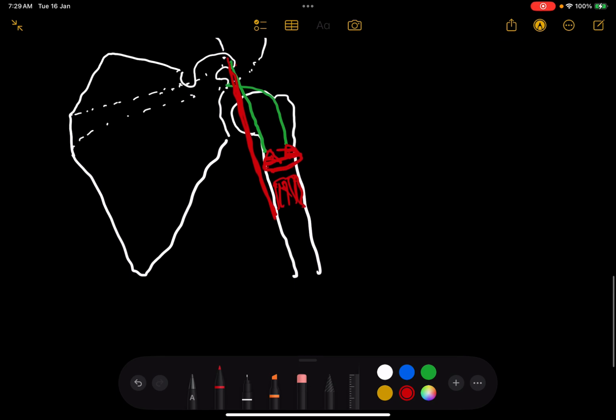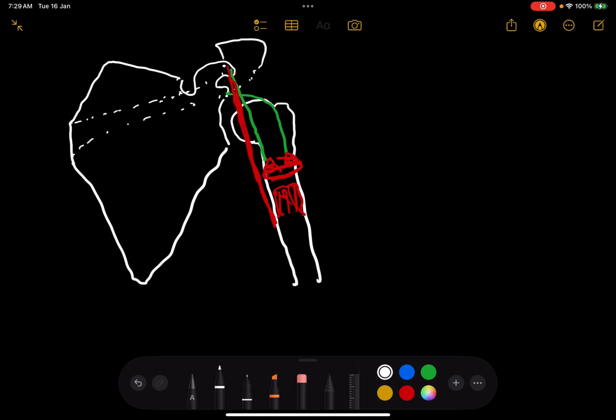Then as we go down, this divides into a lateral and a medial epicondyle. On this side is the capitulum, and then you have the trochlea.